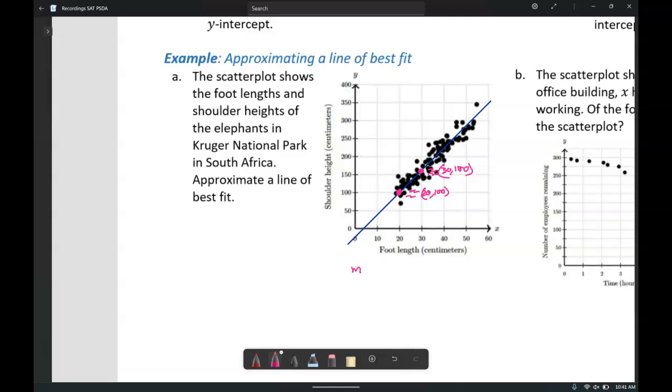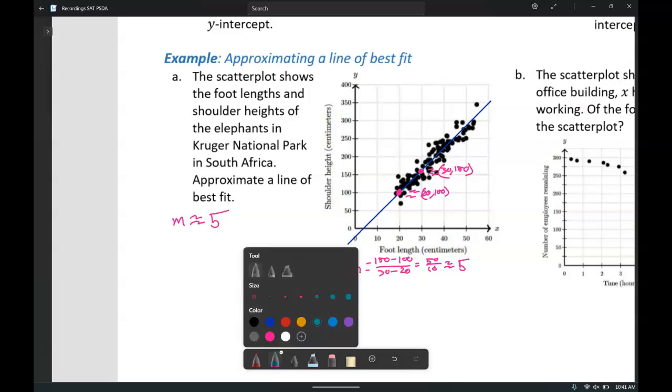So our slope will be the difference in y1 and y2 divided by the difference in x. So we get 50 over 10, or an approximate slope of 5. And so we'll check our answer options and look for whatever slope is the closest to that. So we know our slope is approximately 5.